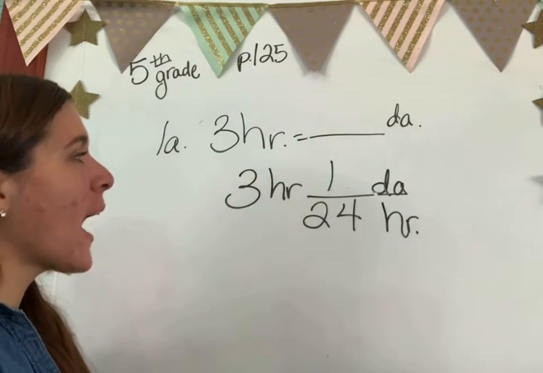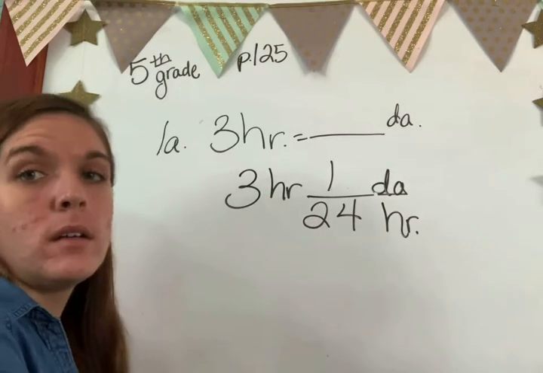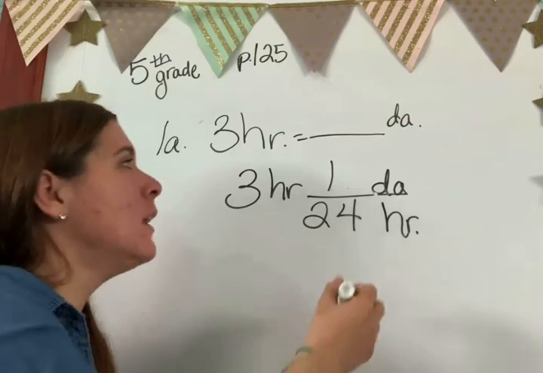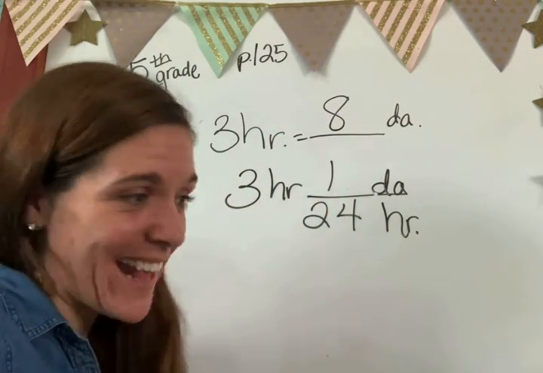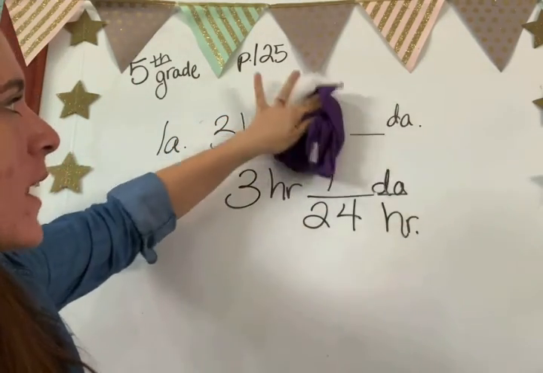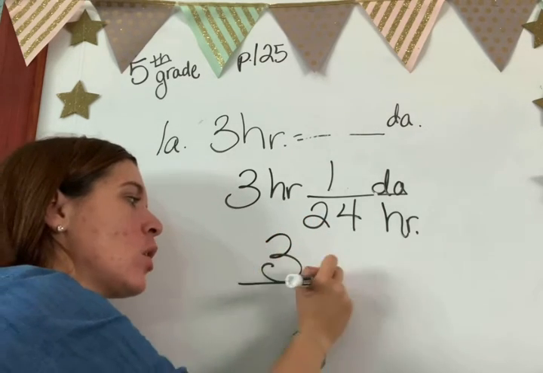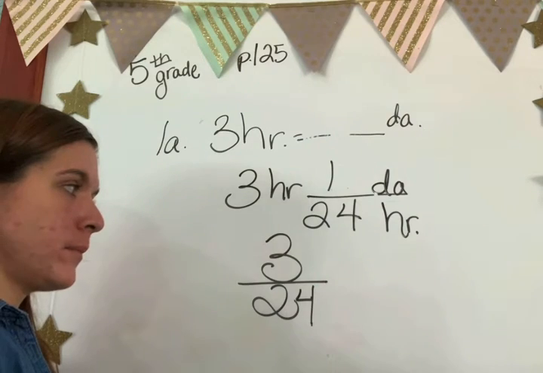So now look, I have to do 3 divided by 24. Michelle says 8. No, it's not 8, okay? 3 divided by 24, not 24 divided by 3. So watch what I'm going to do. I'm going to put it in a fraction. 3 over 24, right?